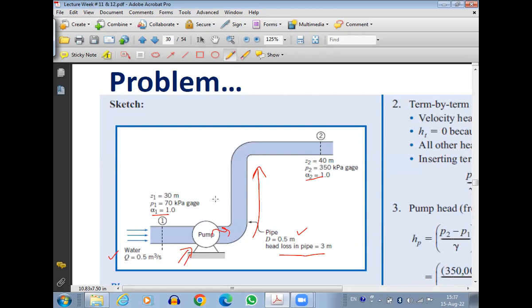So we need to find out how much power is being added by the pump to the fluid, so that the fluid can rise from 30-meter height to 40-meter height, while at the same time the pressure of the fluid also rises from 70 kilopascal to 350 kilopascal. This is the question. We need to find out how much pump power is required for this flow to be possible.